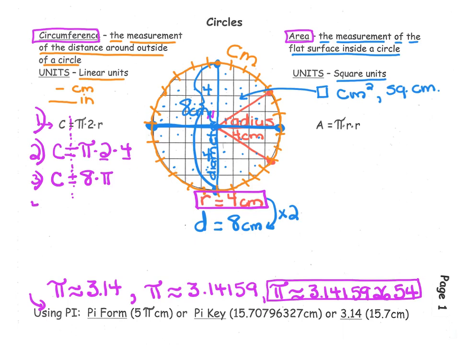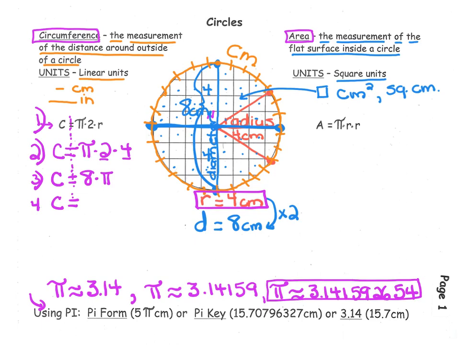But your final step is going to be pick up the calculator and punch in 8 times pi key and hit equals. It will give you the value of the circumference.